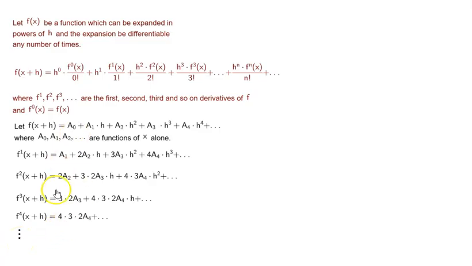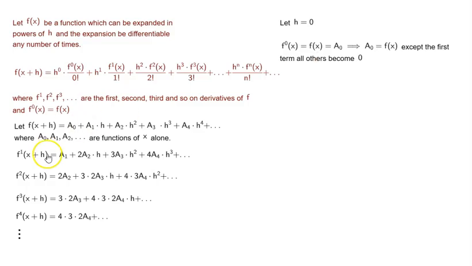Now that we have these derivatives, let's say h is equal to 0, which means what? Remember I said f0 of x is nothing but f of x itself. f0 of x is the zeroth derivative of f of x, which is nothing but the function itself.